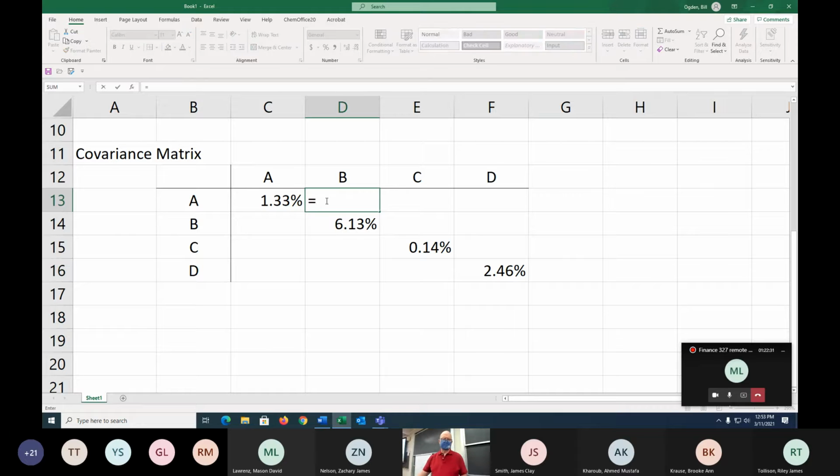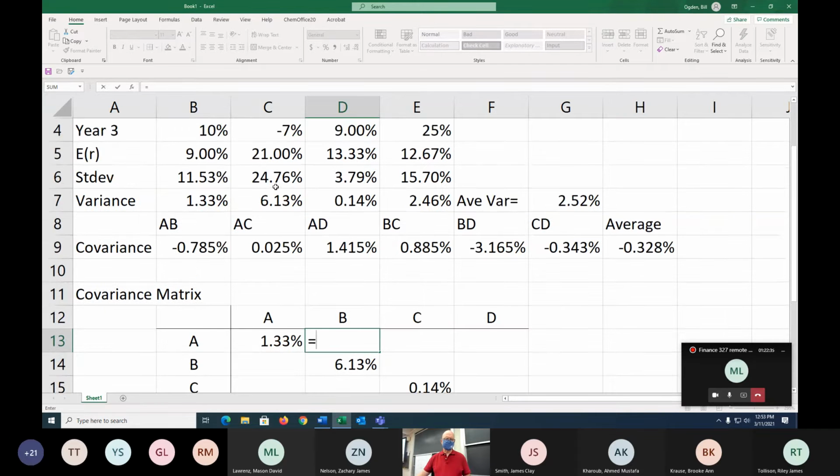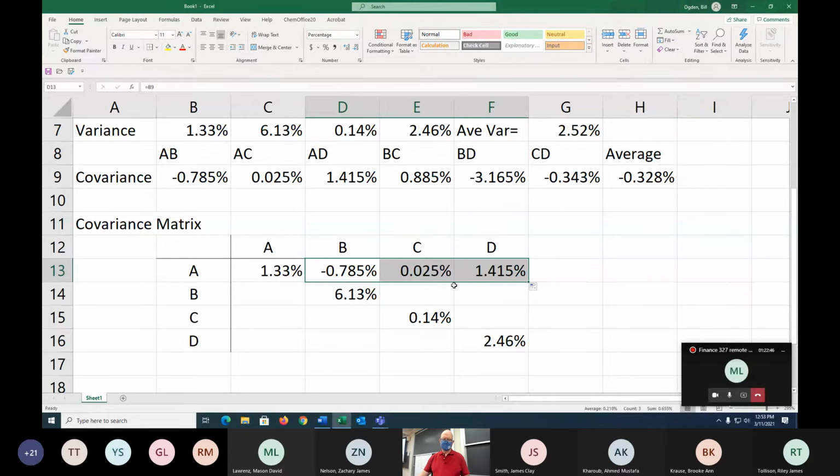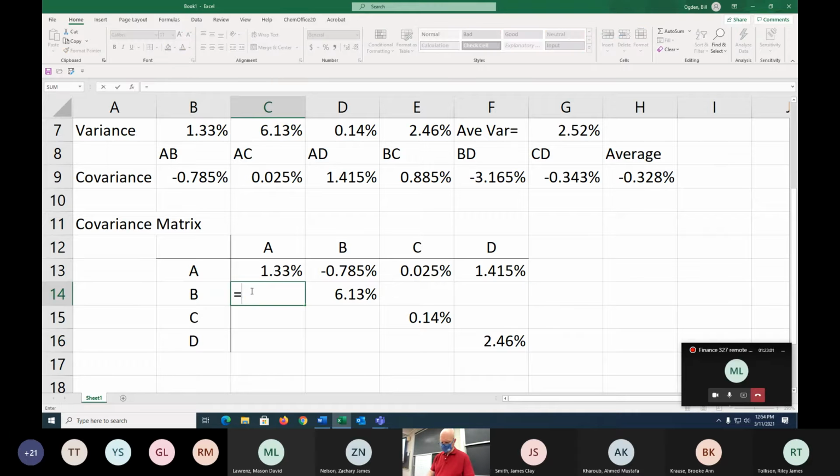Equals the covariance between A and B. I'm going to find that right here. I copy that across. Now, is there any difference between A varying with B and B varying with A? No, identical. So let's do a quick transpose function here.